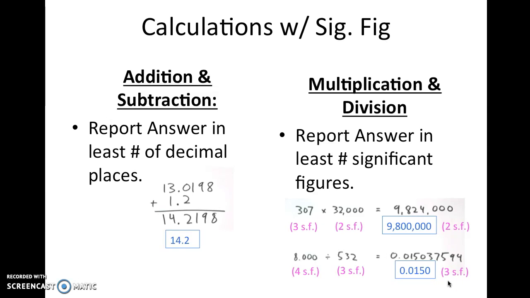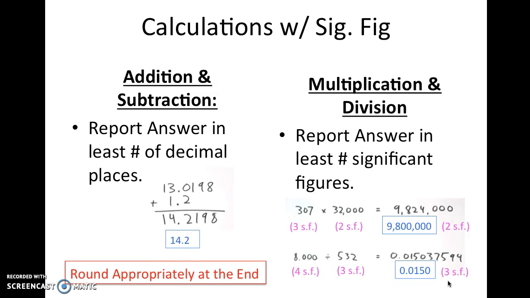All right, so final note here: when adding and subtracting or multiplying and dividing, you always want to make sure you round appropriately. You want to do that at the end. A lot of times I just worry about my significant figures at the end of my calculations. I don't worry about it in between if you have to do multiple calculations. And what I mean by round appropriately, remember, wherever you're cutting off your number, like in this case we're cutting it off between the 0 and the 3, you always look to the number to the right of it.